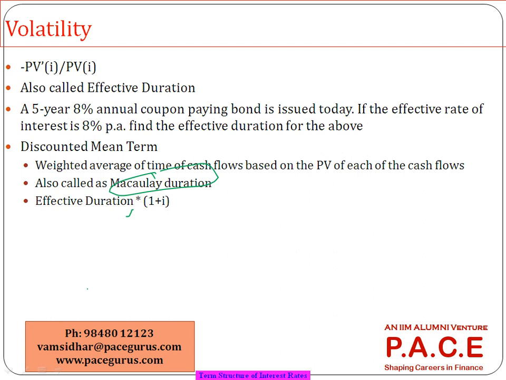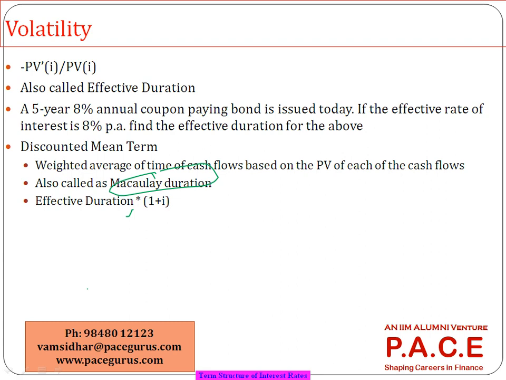And we also understand on the other side, the longer the maturity period is, the higher is the risk associated with the bond with respect to the fluctuating interest rates. So the higher the Macaulay duration, the higher the impact it will have in terms of the value of the bond.